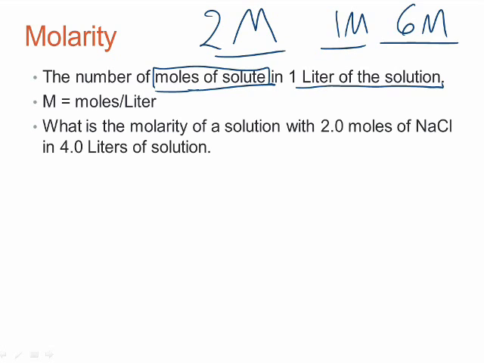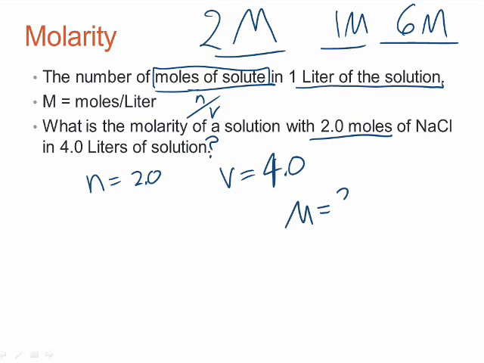Let's try a problem here. What is the molarity of a solution with 2 moles of sodium chloride in 4 liters of solution? What do they give us? Moles is 2.0. Volume is 4.0. So moles per liter is really moles over volume. And let's plug that in. Let's see what we get.